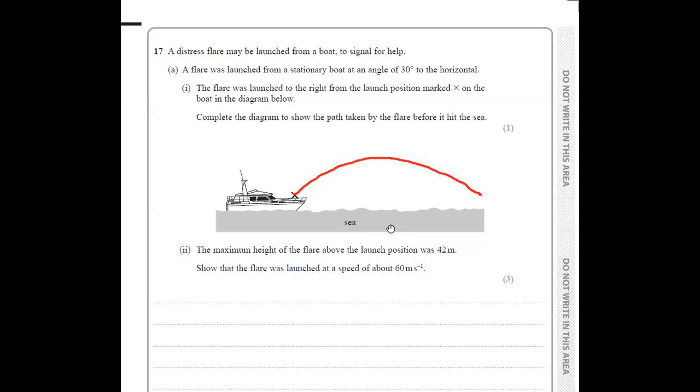How can you be sure it's not a horizontal projectile motion? A horizontal projectile would not go up in the air; it would simply go like this.